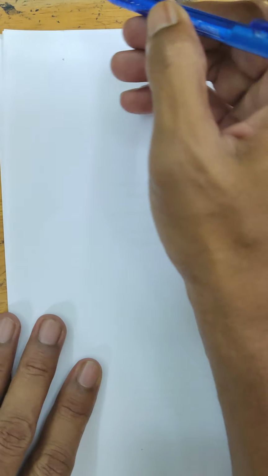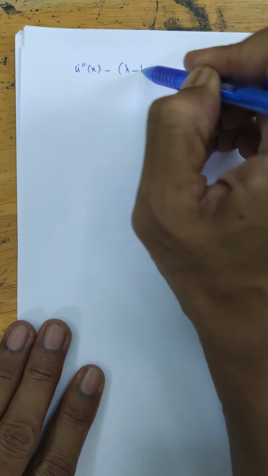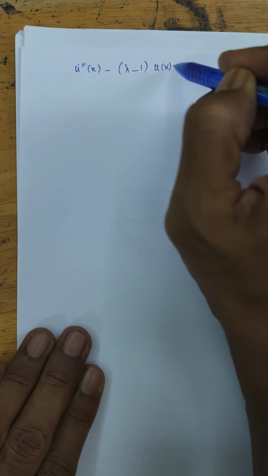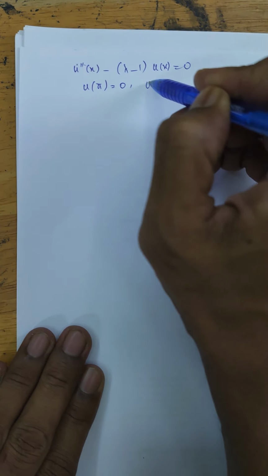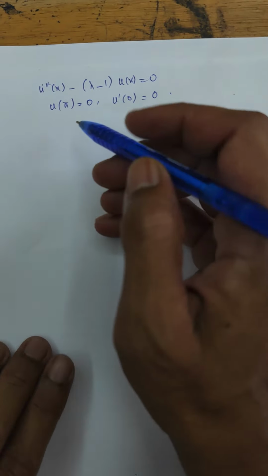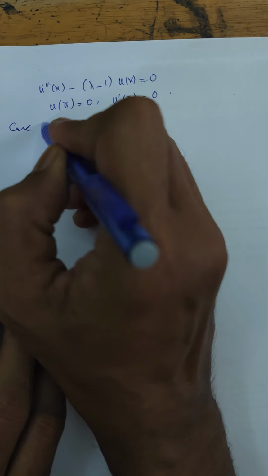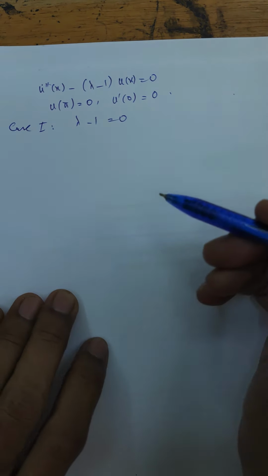So case 1, let me write the equation again. We have u double prime x minus (lambda minus 1) u(x) equal to 0 with u(pi) equal to 0, u prime(0) equal to 0. Now case 1, when lambda minus 1 equal to 0.